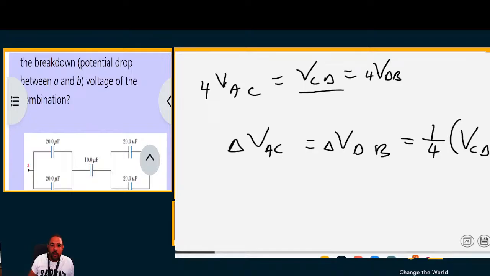And that voltage there, CD, is just the breakdown voltage, which is 15. So a quarter of 15. What's a quarter of 15? It is 3.75 volts. So the change in that is 3.75 volts.